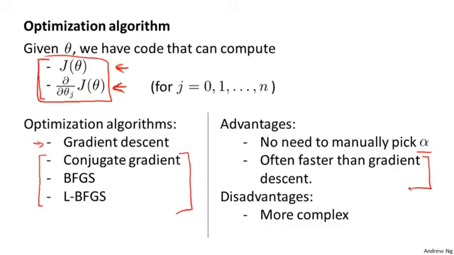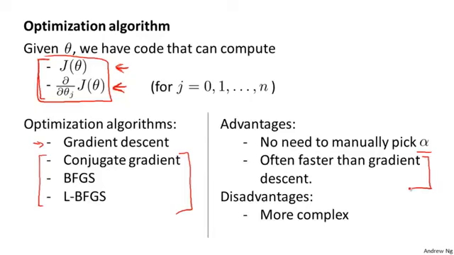In fact, I actually used these algorithms for a long time, like maybe over a decade, quite frequently. It was only a few years ago that I actually figured out for myself the details of what conjugate gradient, BFGS, and LBFGS do. So it is actually entirely possible to use these algorithms successfully and apply them to lots of different learning problems without actually understanding the inner loop of what these algorithms do.